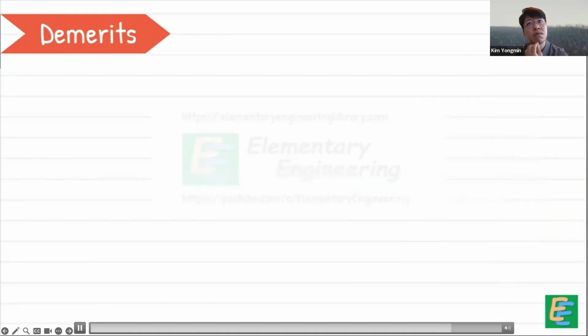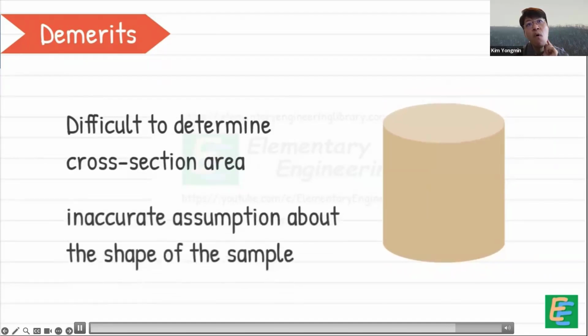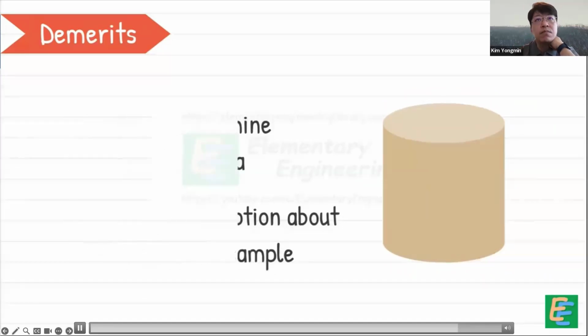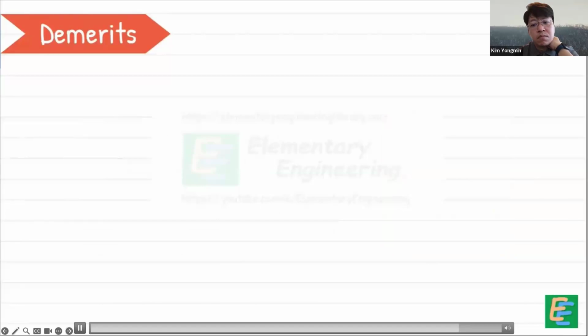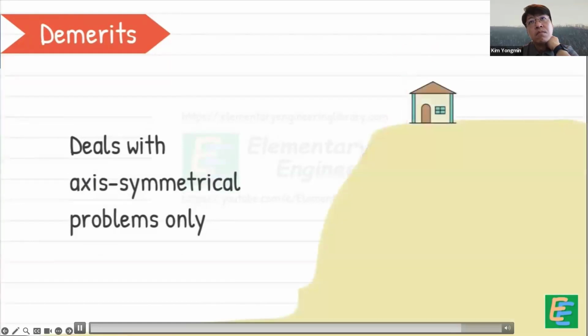It is also challenging to accurately determine the cross-sectional area of the specimen at large strains. Also, we assume that the sample remains cylindrical at large strains, which may not always be the case. One more problem is that the test only simulates axisymmetric problems, whereas real-world issues are often three-dimensional.